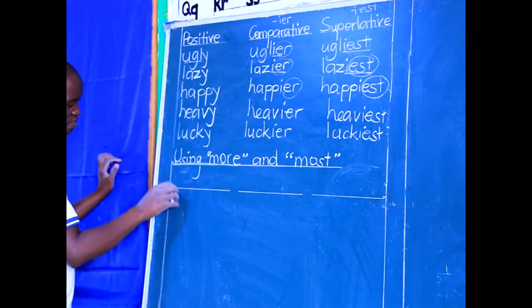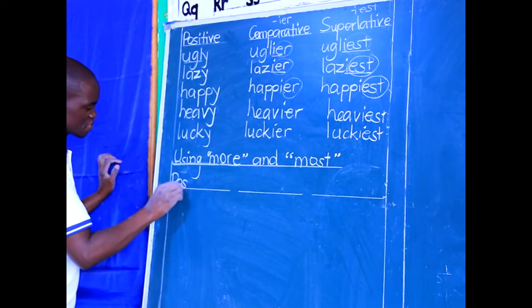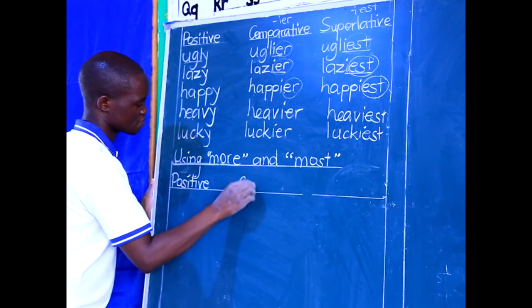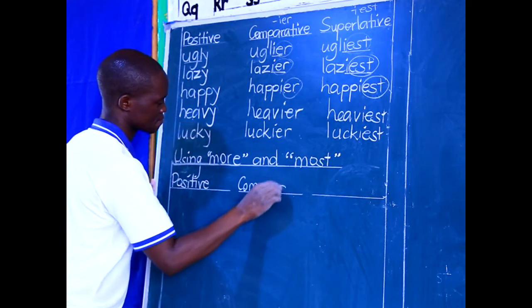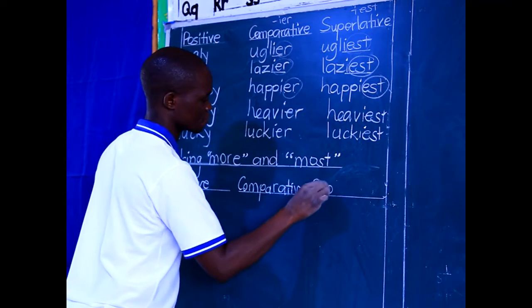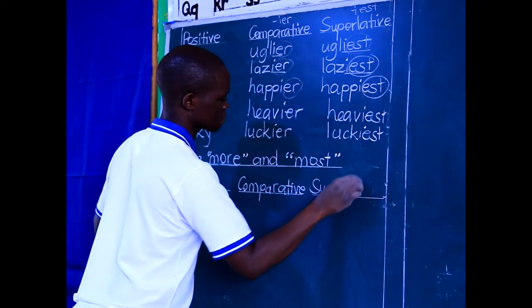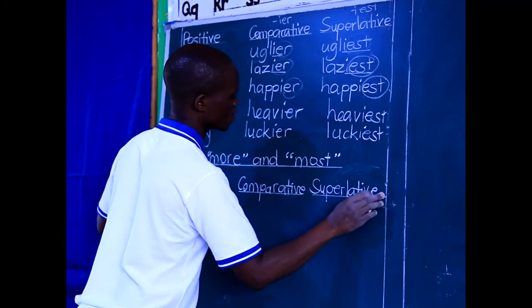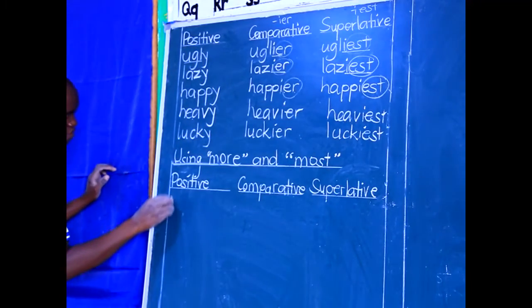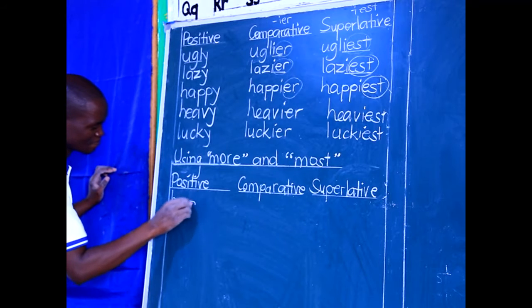We have the positive degree here, the comparative, and lastly the superlative. Where do we use more? Where do we use most? These are the adjectives. Examples, we have handsome.